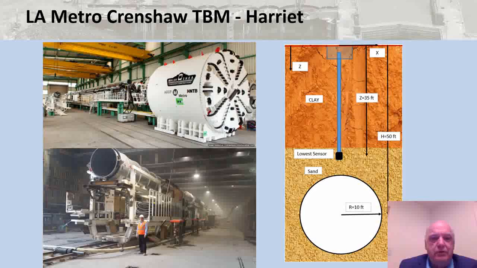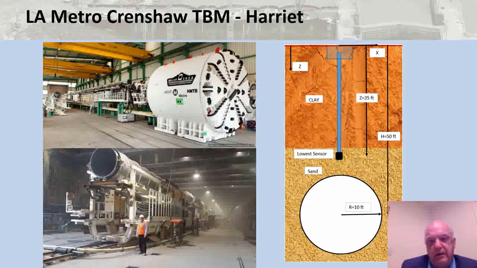The LA Crenshaw line TBM, called Harriet, assembled here, ready to get to work. There was a concern by LA Metro of this mining under the street, and a concern that we might suddenly get a big sinkhole in the street.